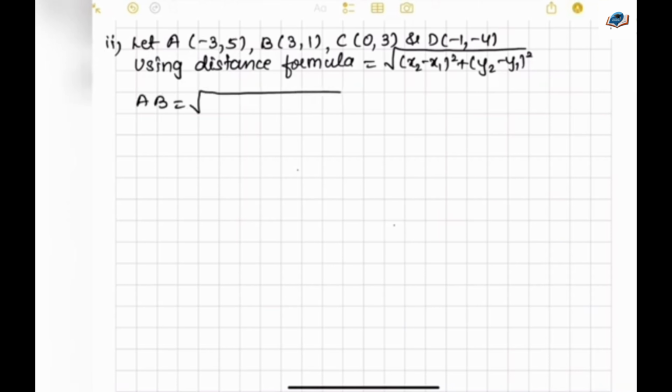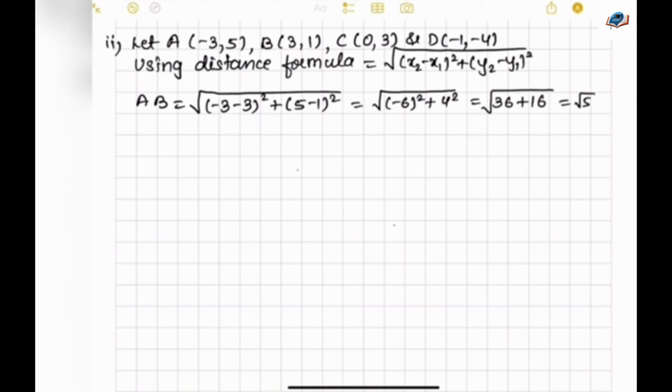So AB equal to root of (-3 minus 3) whole square plus (5 minus 1) whole square. So that is coming as (-6) square plus 4 square. So (-6) square will be 36 plus 16 under root. So that is coming as root 52. So 2 root 13.